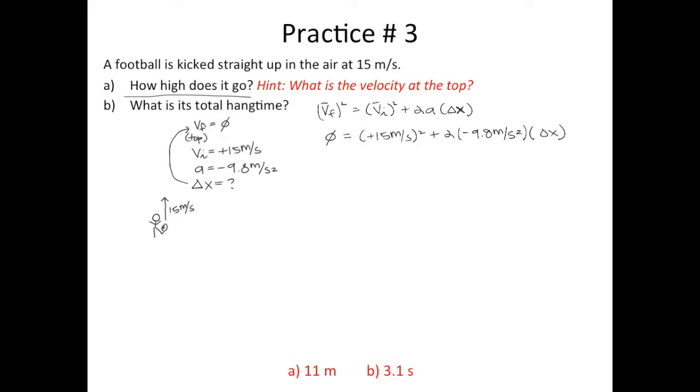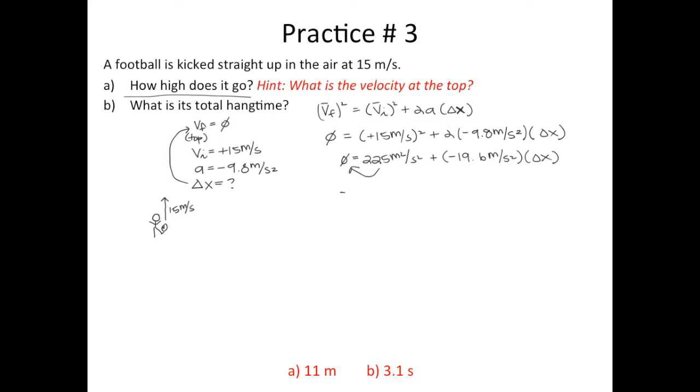So I'm going to go ahead and do a little algebra to clean it up. 0 equals 15 squared is 225 meters squared per second squared plus 2 times a negative 9.8 gives us negative 19.6 meters per second squared times delta x. Okay, now I need to isolate that delta x, so I'm going to move the 225 to the other side.